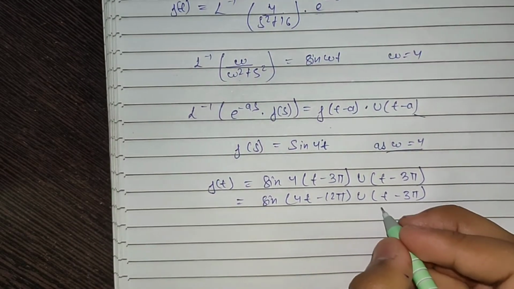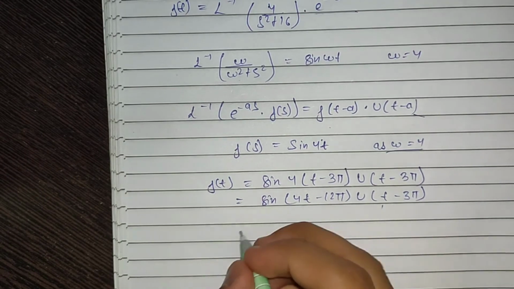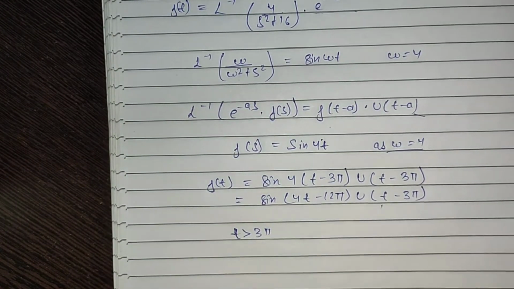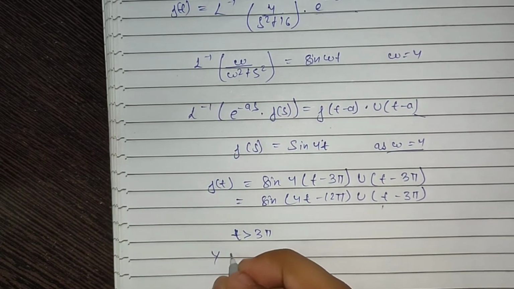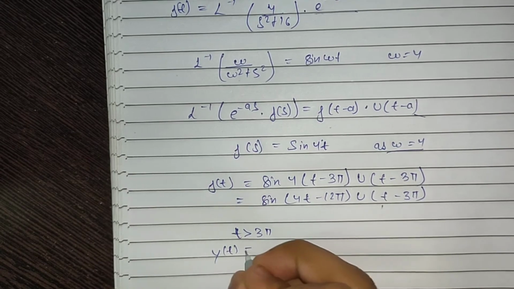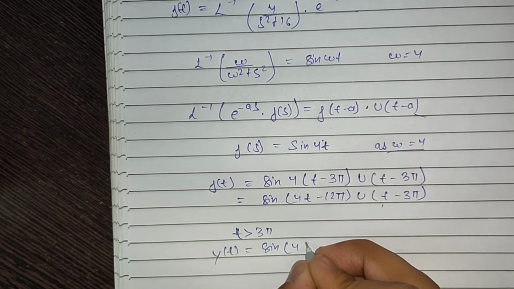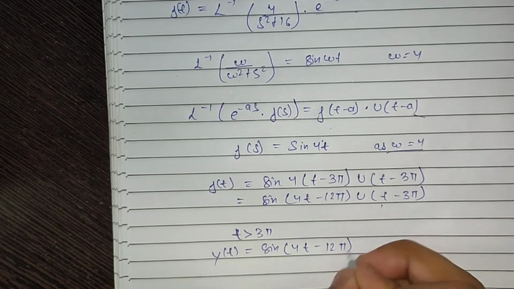So we know that this switch function will give 1 when t is greater than 3 pi. So y of t is equal to sine of 4t minus 12 pi.